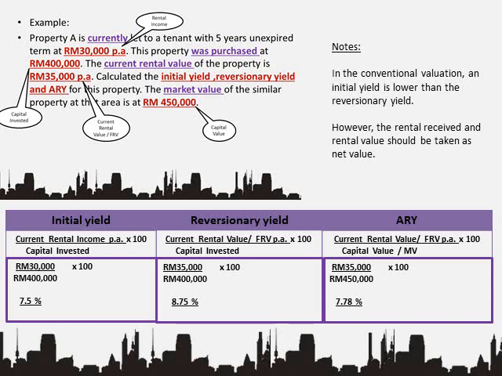So you need to remember this, that's a very important issue. To calculate the yield, you need to get the net rental, net rental received or net rental value. How to get net? I think you have already learned this during semester one: you need to deduct the outgoings.